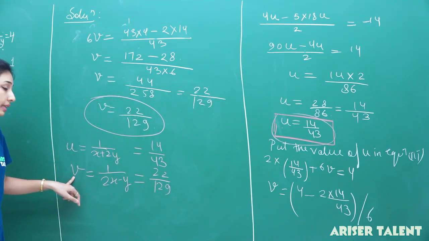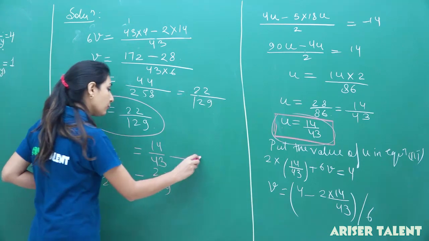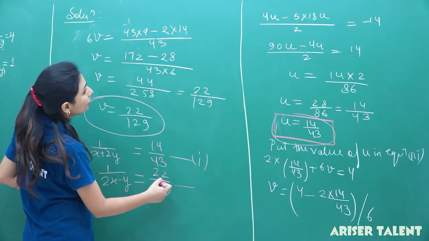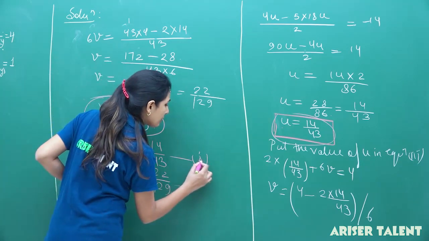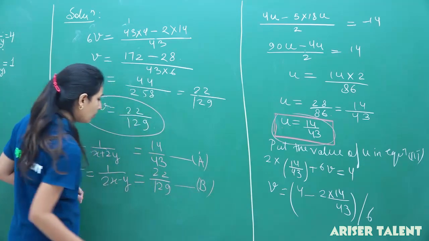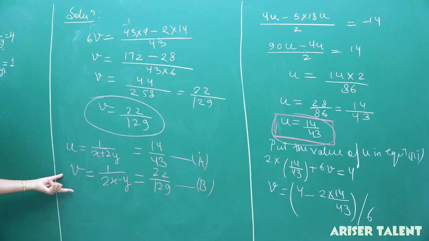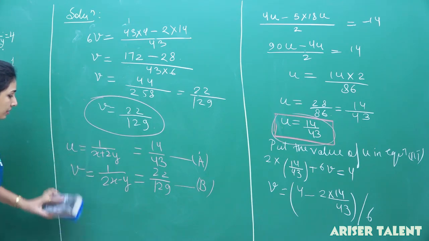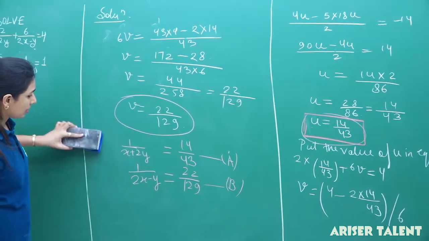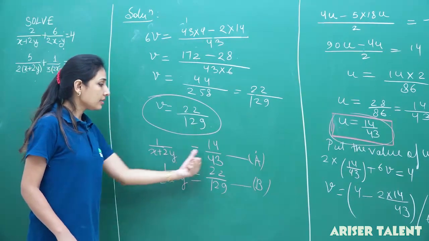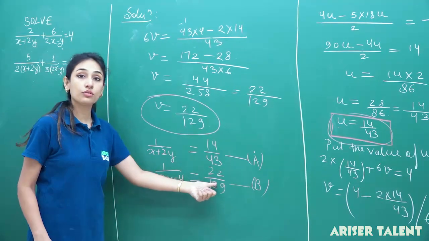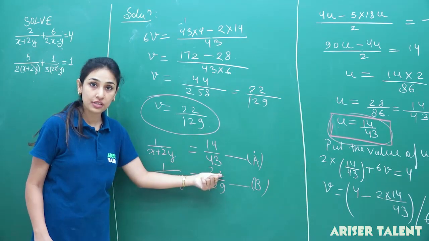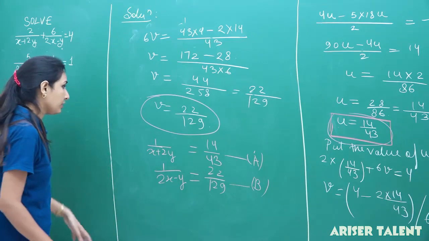What does it give you? It gives you two equations. This equals this and this equals this. Now students, you can just cross multiply these equations and get two equations.